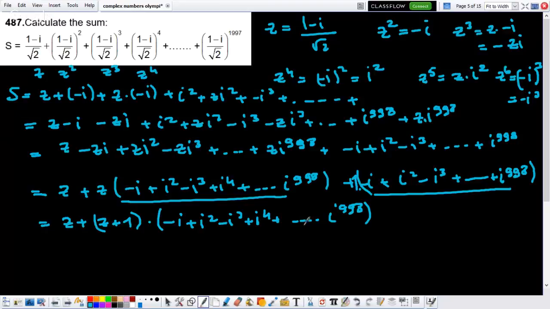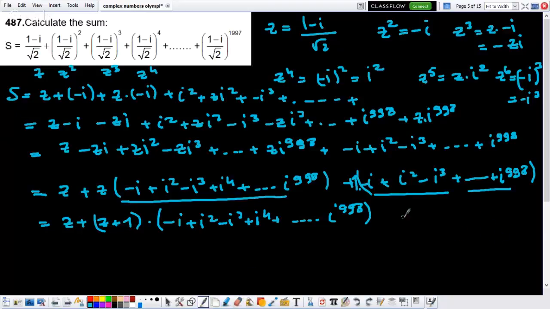And here what we are going to do at this part, we know that from the order, minus i, we have i square is equal to minus 1, minus i cube is going to be equal to plus i, and i to the power of 4 is going to be equal to 1. So this minus i cube is equal to, pardon, I didn't write correctly.